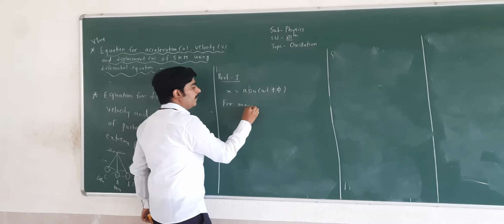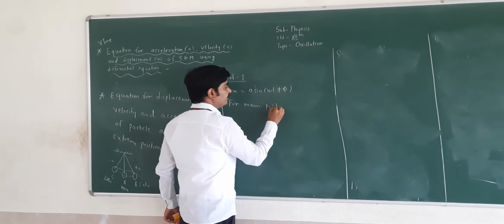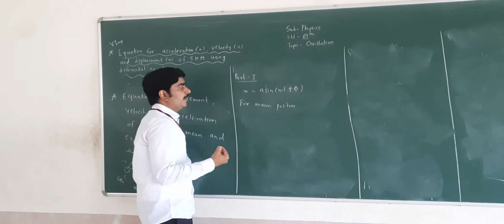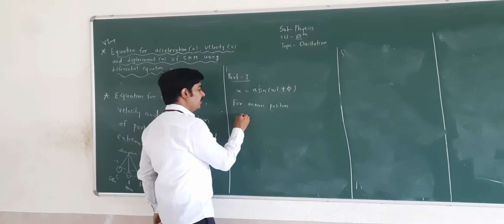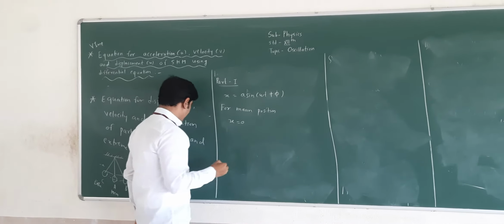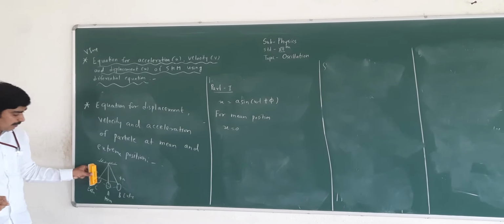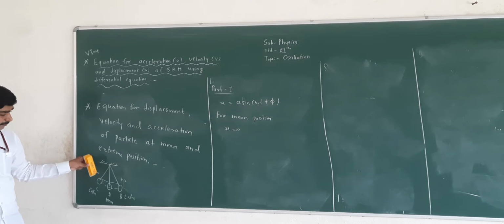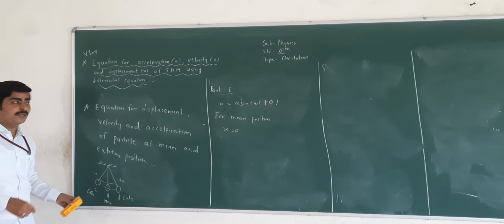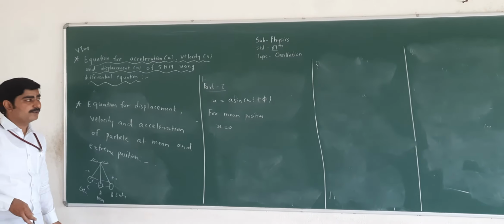For the mean position, x is equal to 0, because the particle will be here, and as the particle is at the mean position, it is not moving, so the displacement of the particle will be 0.